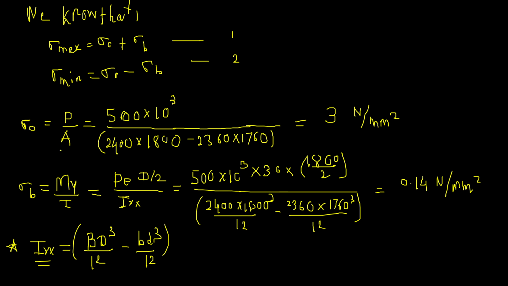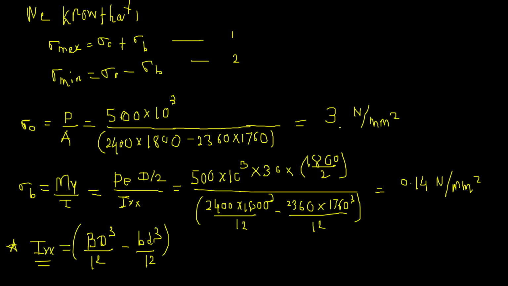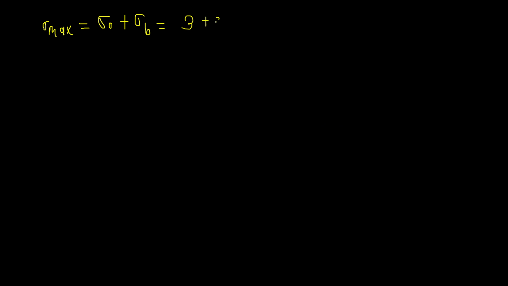Now substituting these values in equation number 1 and equation number 2, sigma max is equal to sigma naught plus sigma b. Sigma naught is 3 and sigma b is 0.14. So 3 plus 0.14 is 3.14 Newton per mm square.